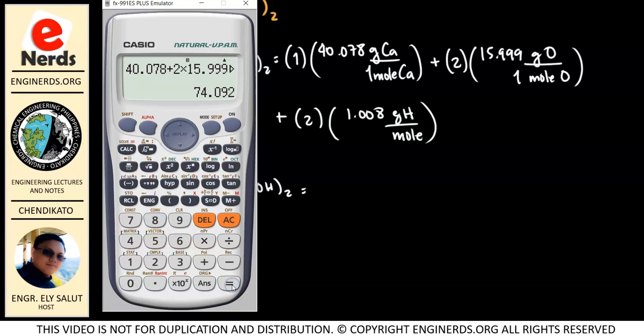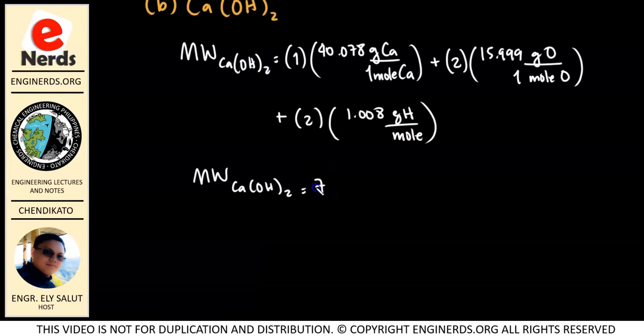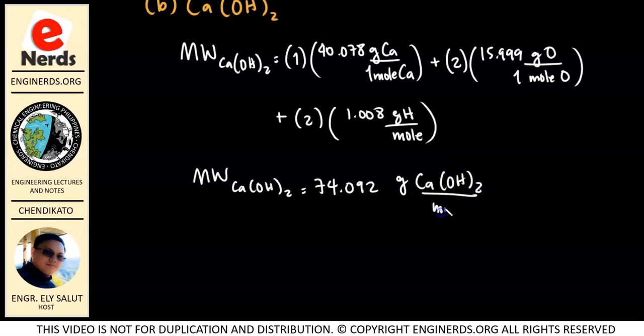So this is equal to 74.092. 74.092 grams of Ca(OH)2 per mole. Okay, so this is our final answer here.